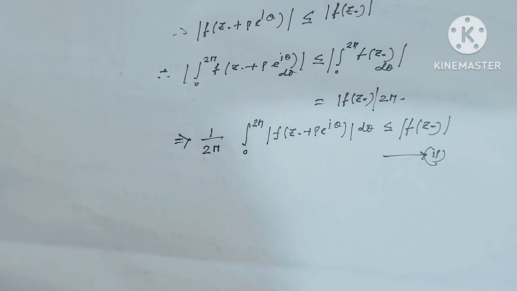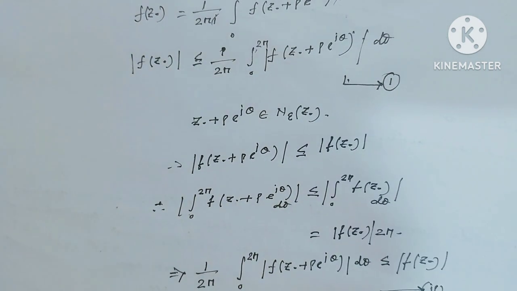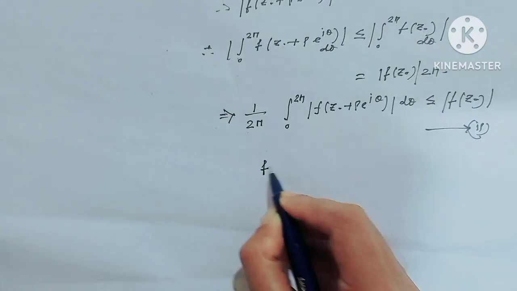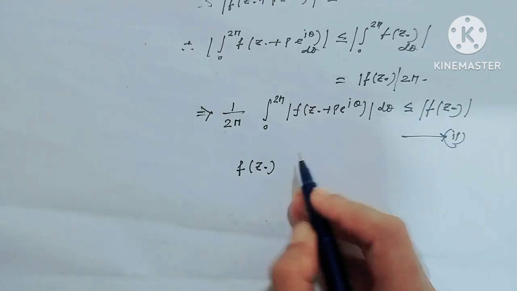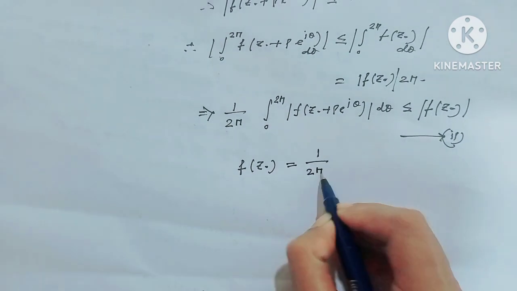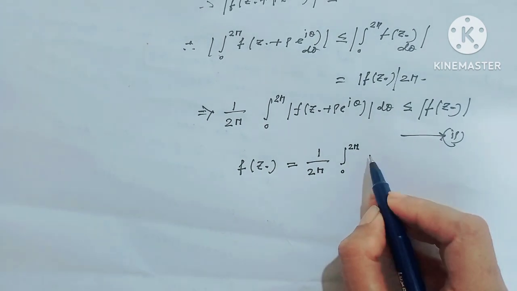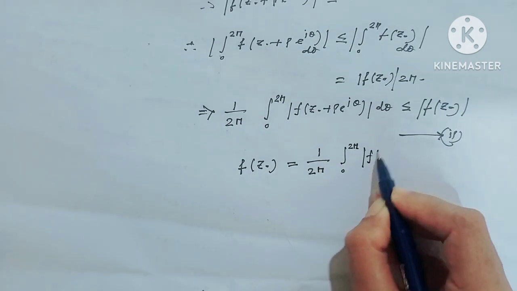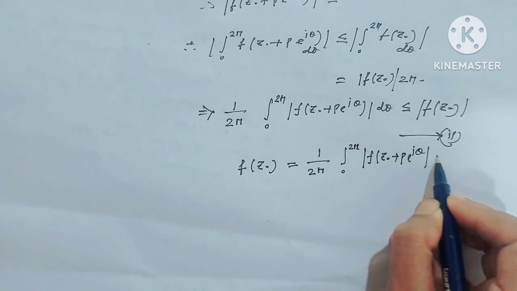Now from 1 and 2, we can write f(z0) equal to 1 over 2 pi, the integral from 0 to 2 pi of the absolute value of f(z0 plus rho e to the power i theta) d theta.